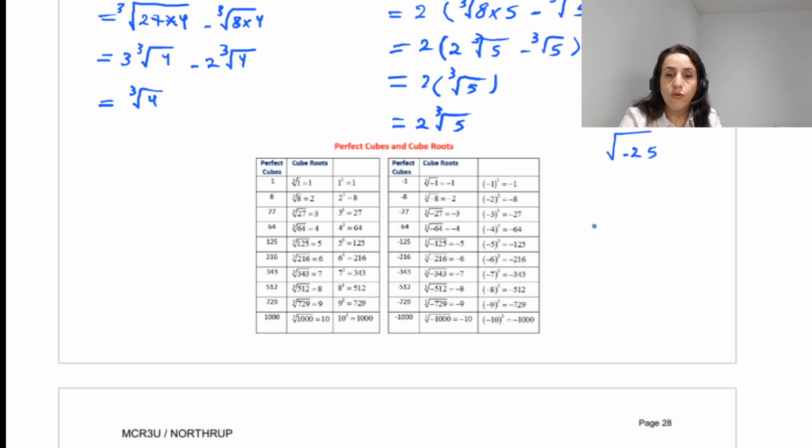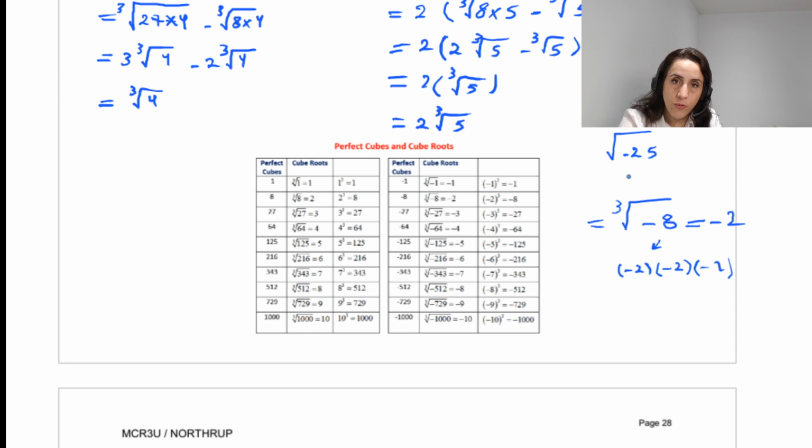But when it goes for index 3 or any odd index, you can have a negative number. Why? Because this negative 8 is a multiplication of negative 2, negative 2, and negative 2. The same number is multiplying 3 times by itself. Then easily I can give the answer.